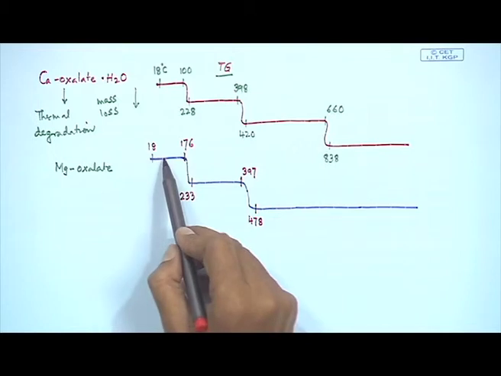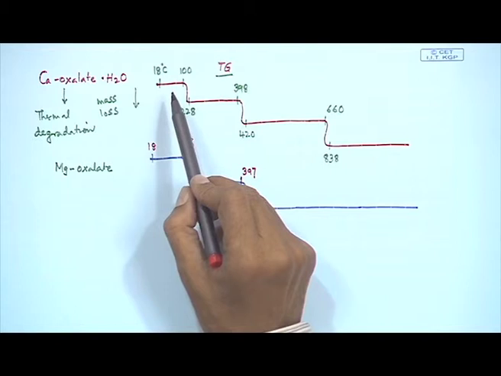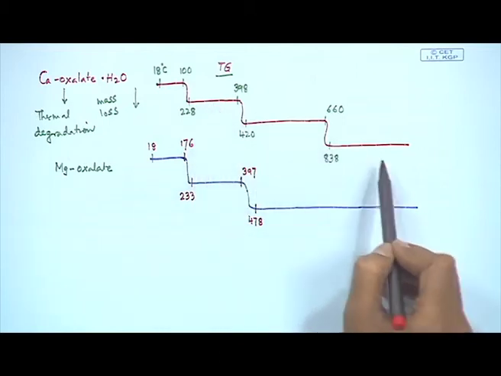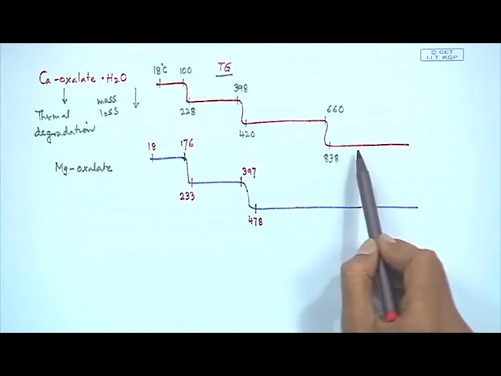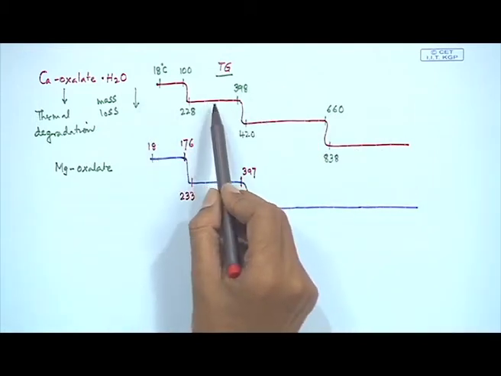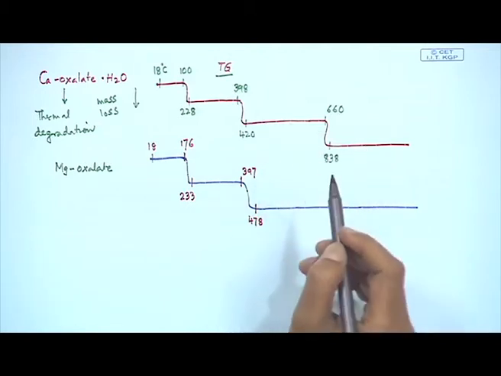So, we have A, then B, then C, and previously in case of calcium oxalate we have seen that we can get these 1, 2, 3, 4 samples, that means compound A, compound B, compound C and compound D. And all these transformations, from A to B, B to C, C to D, are accompanied by some mass loss.